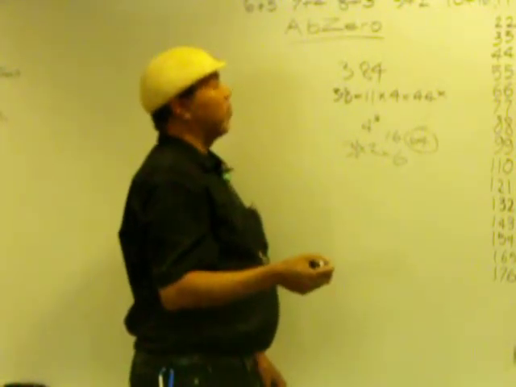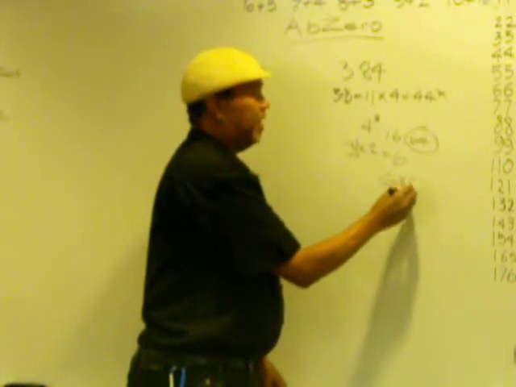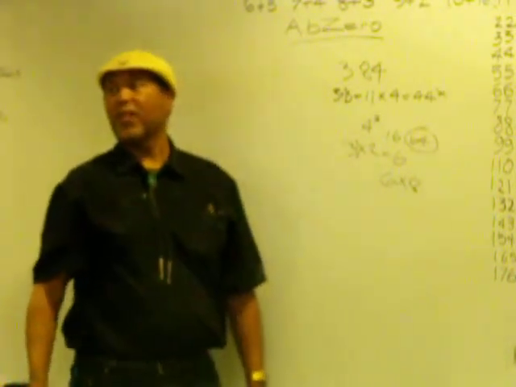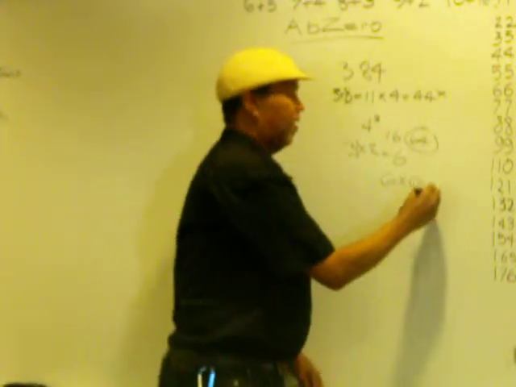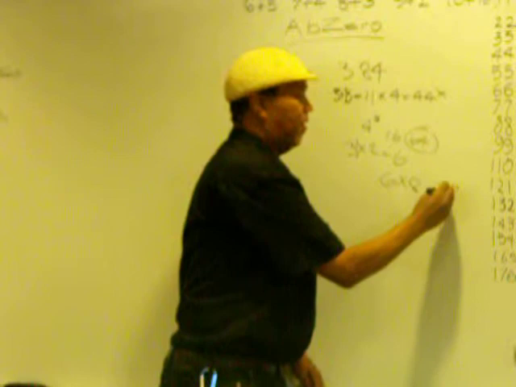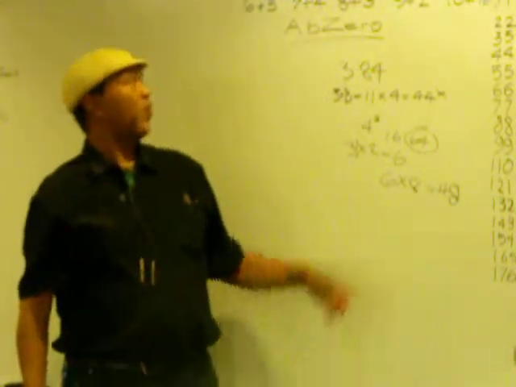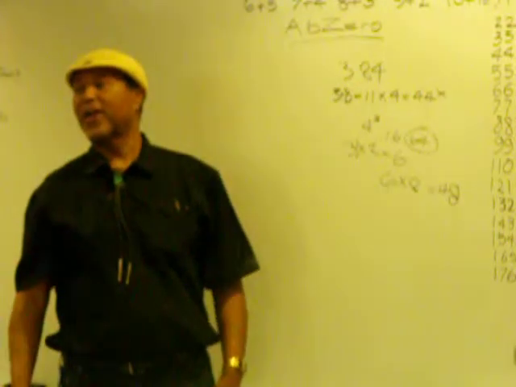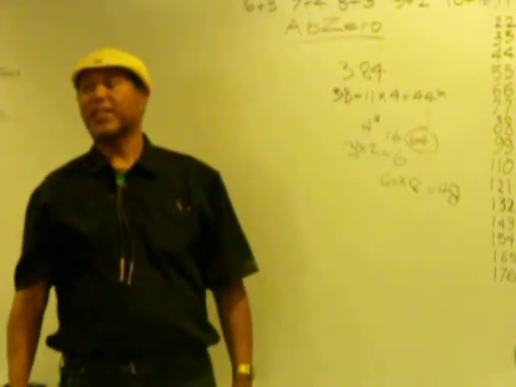Okay, there's one. How about 6 times 8? How much is 6 times 8? 48. And you're left over with a 4. What do you do with the 4? That's right.